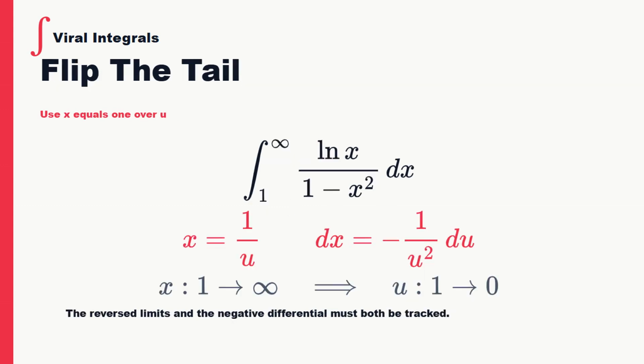And now let's evaluate the remaining integral. If we perform the substitution x is equal to 1 over u, then dx is equal to negative 1 over u squared du. The bounds will change: the bound of 1 will stay 1, and the bound infinity will go to 0.